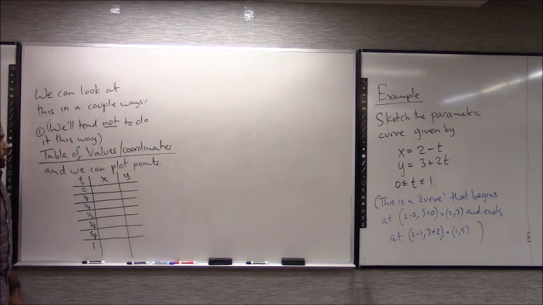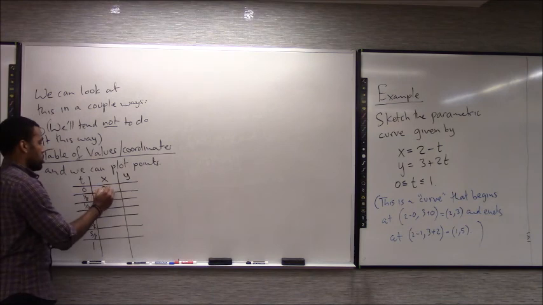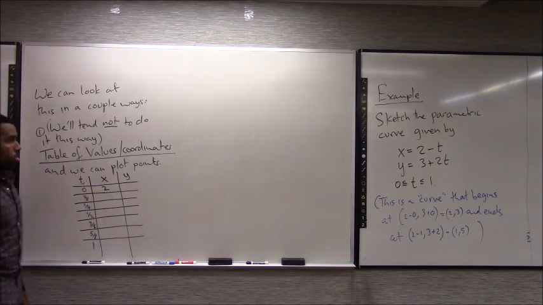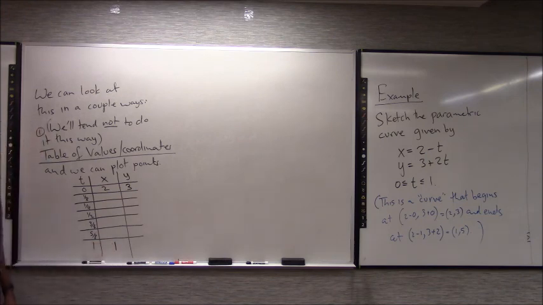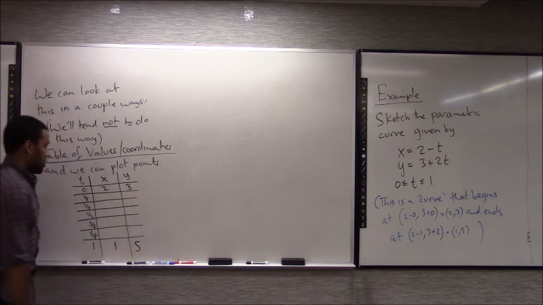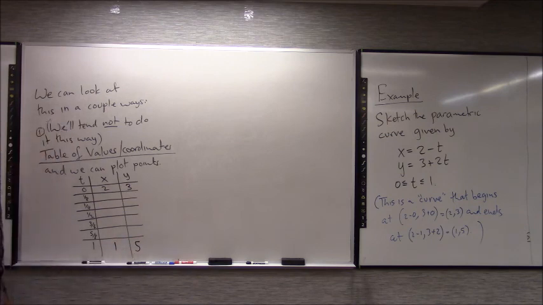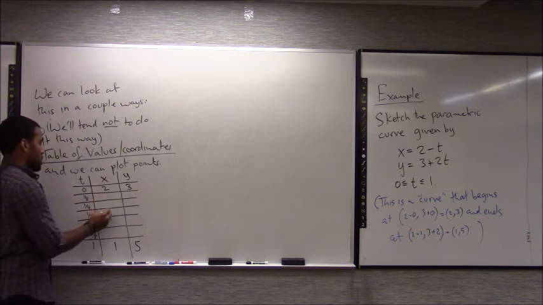So the x is going to give us what actual coordinate here? So 2 minus 0, that would be 2. And the y would be 3 plus 0, that would be 3. We already found this here. x would be 2 minus 1, that would be 1. The y would be 3 plus 2, that would be 5. You can plug in a half. If your t is a half here, your x would be 1.5.